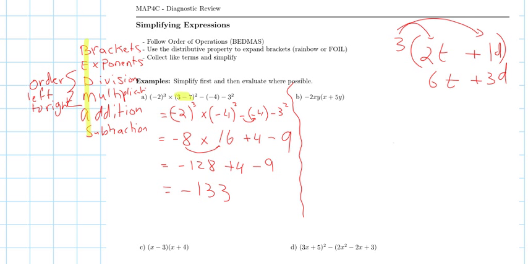We also have the distributive property with a process of FOIL, F-O-I-L. That's when you're multiplying 2 binomials, we perform the FOIL. I will talk about this in a bit.